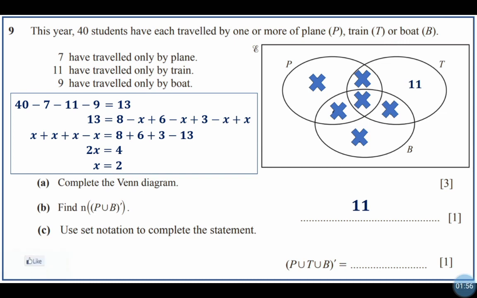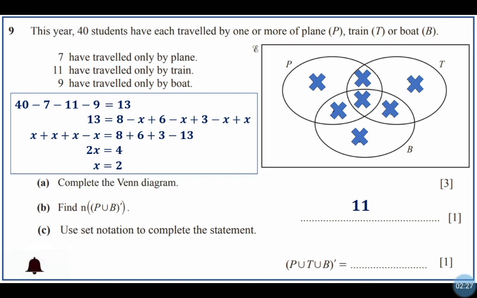Let's move on to letter C. Use set notation to complete the statement. So if I want to complete this statement, okay, set notation. You see the union of P, T, and B. But again, there is a not. So what will be that one? Okay, so everything was removed.